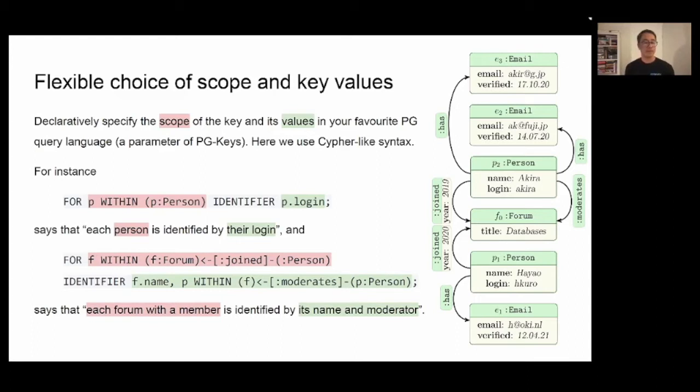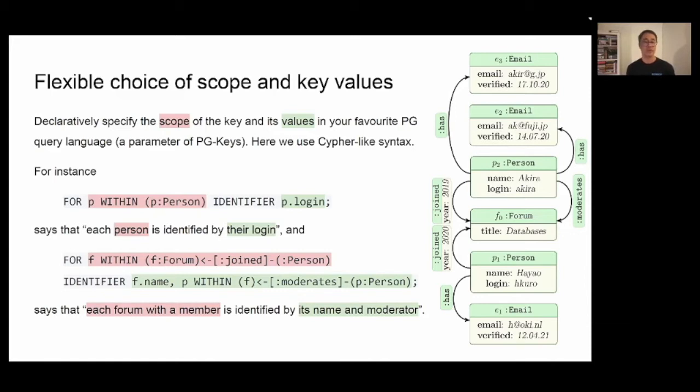Suppose next that we also want to constrain that each forum with a member is identified by its name and operator. So here our scope is defined by a slightly richer query pattern, those fora f with an incoming edge labeled join from a node labeled person.